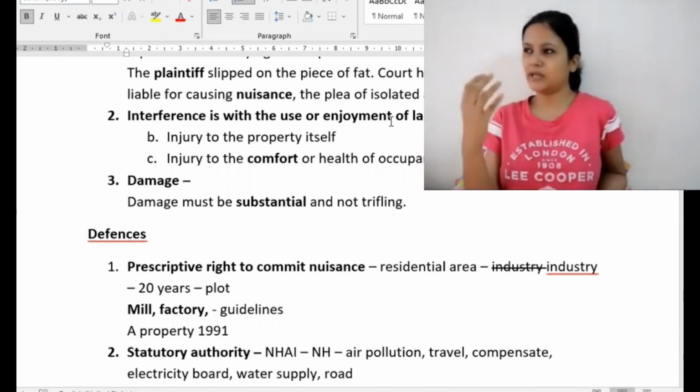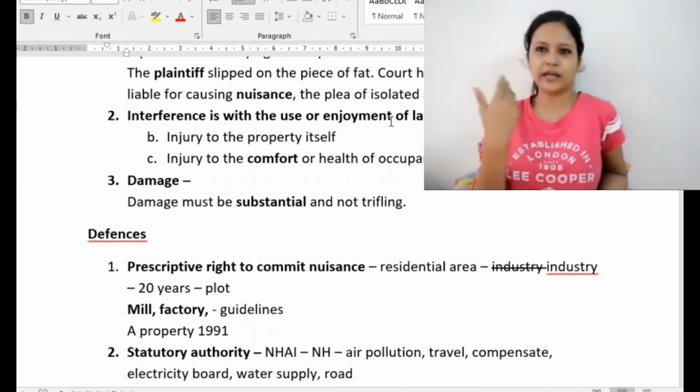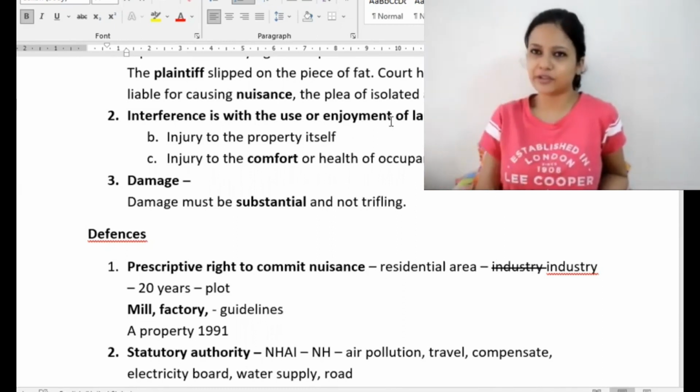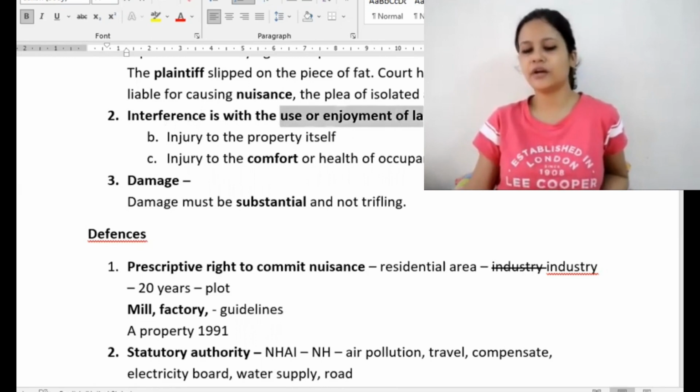Or maybe you are not allowed to cultivate something, do gardening and stuff, because water is escaping from your neighbor's premises to your premises, and whatever you want to cultivate, everything just gets damaged. Those will be considered as interference with use or enjoyment of land. You are not allowed to use the land, or you are not allowed to enjoy the plot of land. It can be either of this.